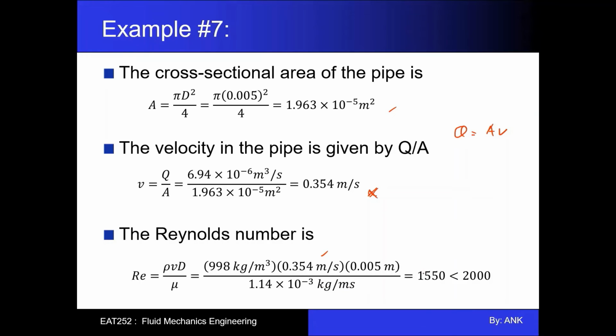So when we calculate, the Reynolds number is 1550. This value is less than 2000, so it means the flow is laminar flow.